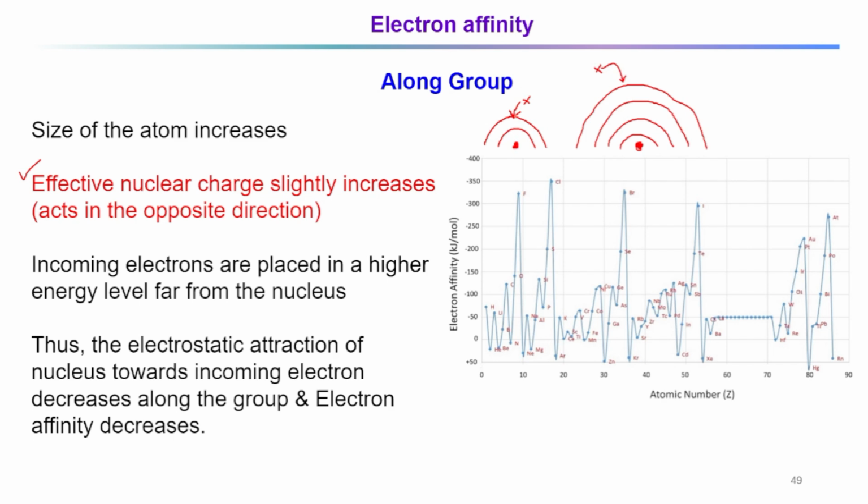The distance from the nucleus to the incoming electron is less here, whereas on the right-hand side, the distance is much more. As the distance increases, the electrostatic attraction decreases. Here the distance is less, so the attraction is more.